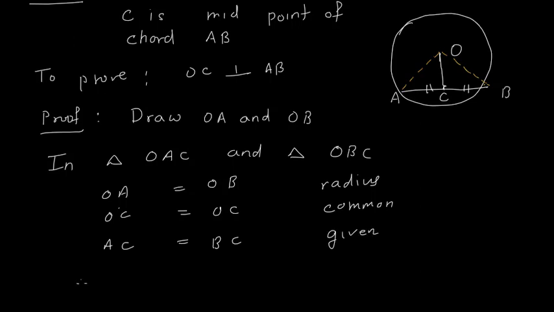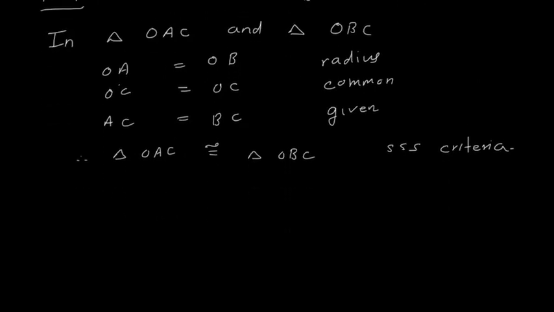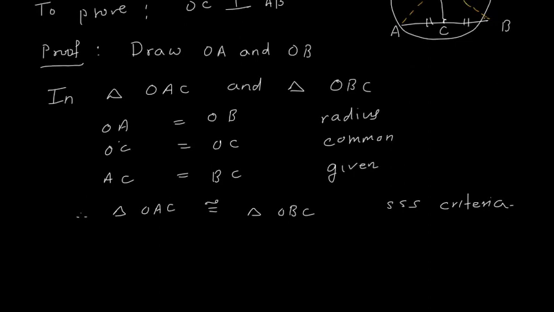Therefore, your triangle OAC and triangle OBC are congruent by side criteria. Therefore, I will say that angle OCA is equal to angle OCB, they are corresponding parts of congruent triangles.